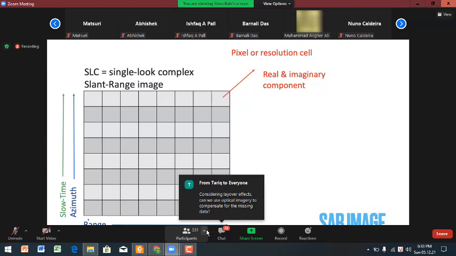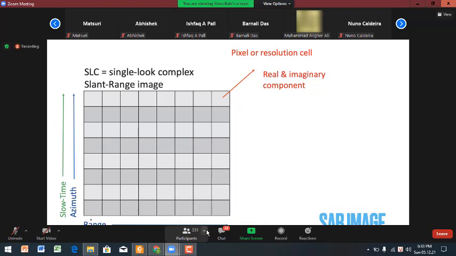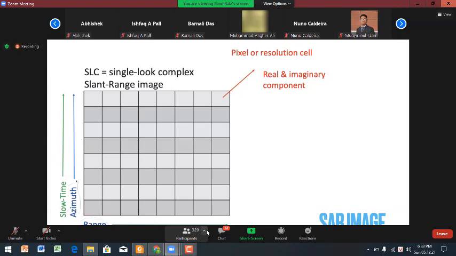So we have two directions of our SAR image. We call them the range direction and the azimuth direction. Now, I think nowadays, in most cases, the range is in X direction and azimuth is in Y direction.